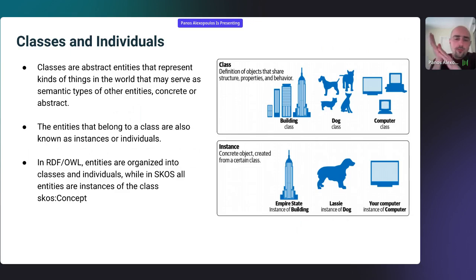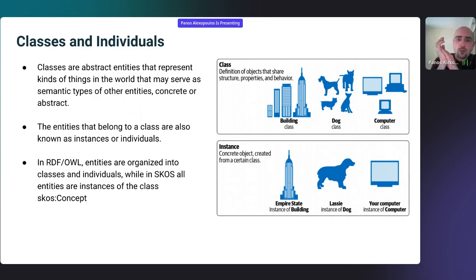In the terminology of semantic models and knowledge graphs, the difference between classes and individuals is that classes are abstract entities that represent kinds of things in the world that may serve as semantic types of other entities, concrete or abstract. And the entities that belong to a class are also known as instances or individuals. So, for example, we have the class building, and an instance of that class would be the Empire State Building.